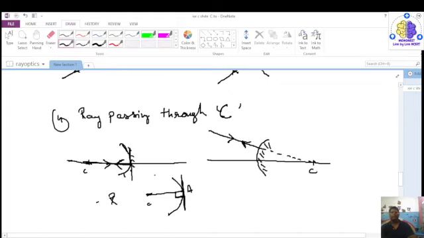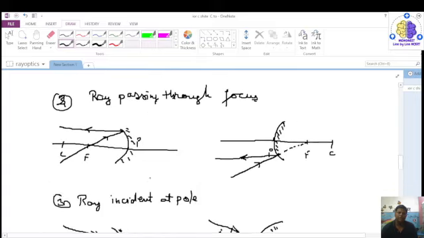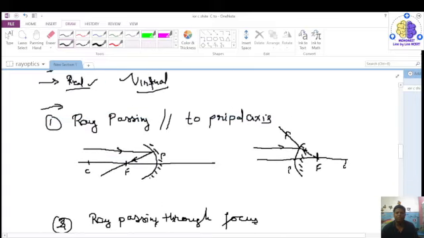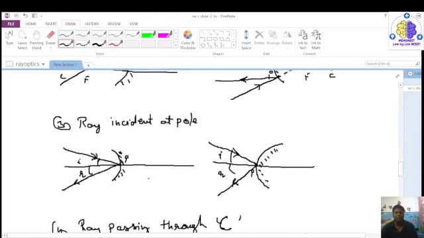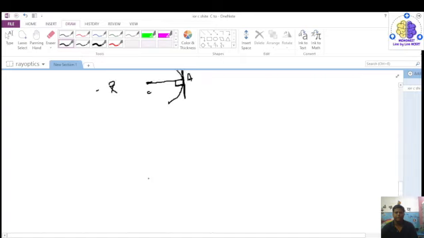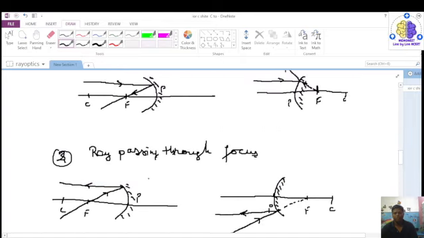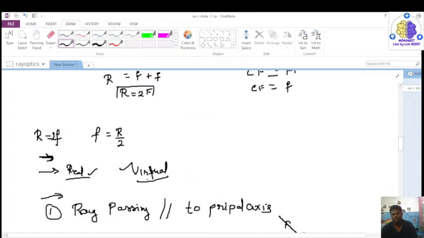So whenever a light ray or a line is passing through the center of curvature and is incident at a point on the curved surface, that line will always be normally incident, or it will be normal to the reflecting surface, right? So we have seen these four rays. These four rays are the rays which we will be using while drawing the images formed by the curved mirrors, that is your concave mirror and your convex mirror, also known as the spherical mirrors.